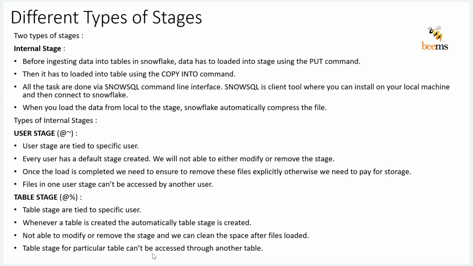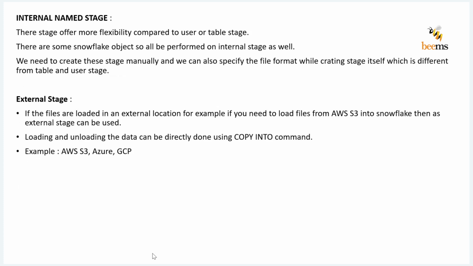From the stage you need to load to any other table, like your core layer tables or your analytics layer tables. But first the file needs to be loaded into your stage. So normally user stage and table stage files we are not using in real-time projects. We normally use the internal named stage. Like in my previous project, we loaded some files, and those files needed to be in the named stage.